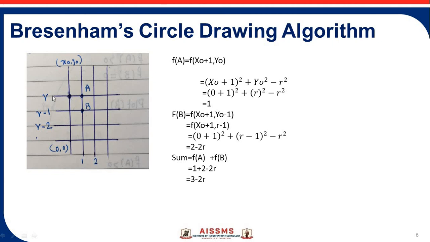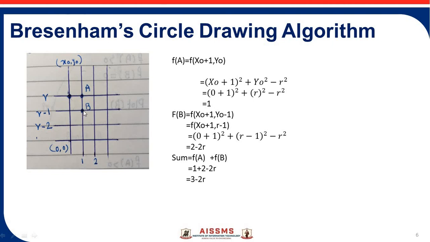The x value remains 0, and y0 will be the radius r. Applying the circle formula, (x0 plus 1) square plus y0 square minus r square, because it is on the topmost boundary of the circle, y0 is r. After simplification, we get the value 1.